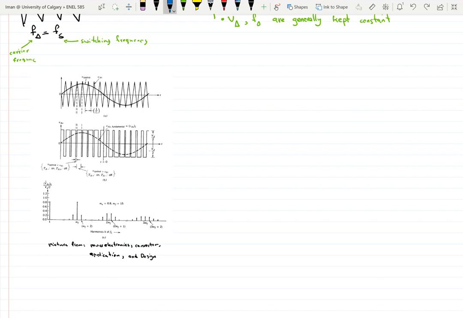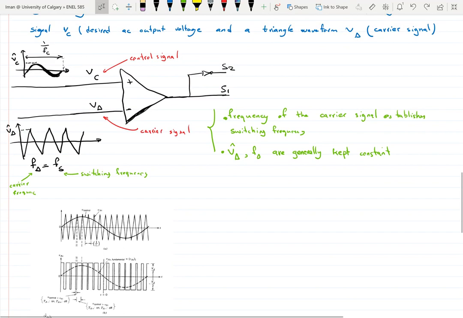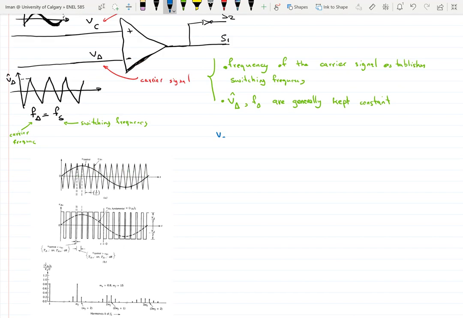Okay, so let's look at, first of all, when we want to have our desired waveform, so VC is sinusoidal.